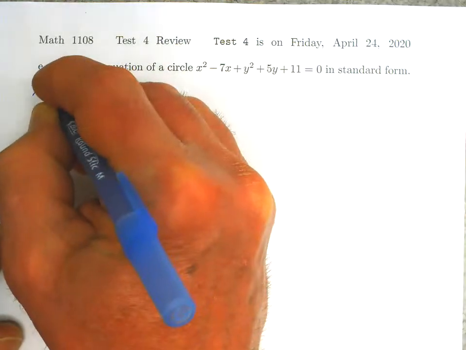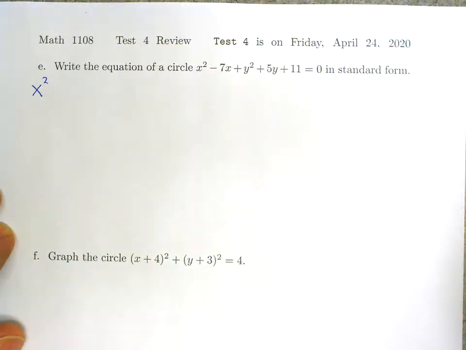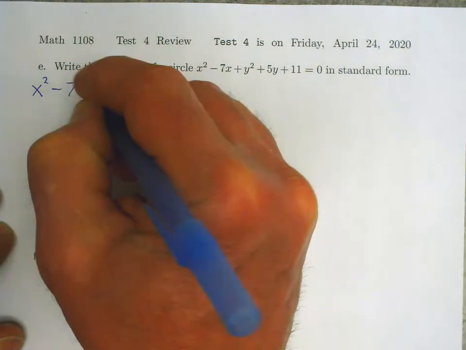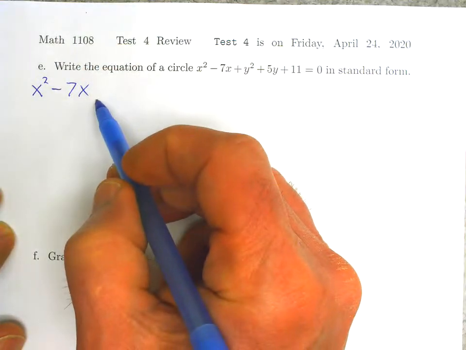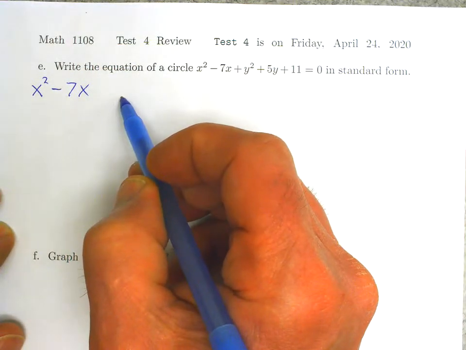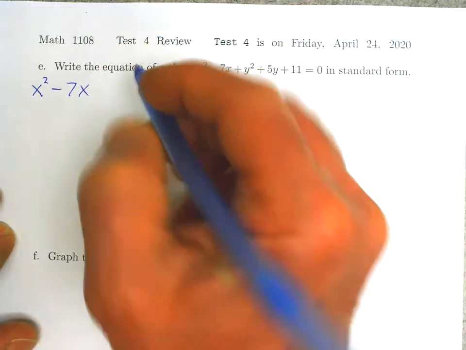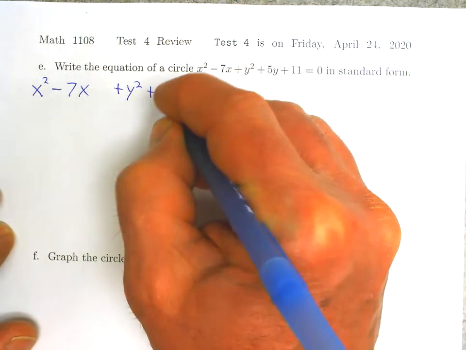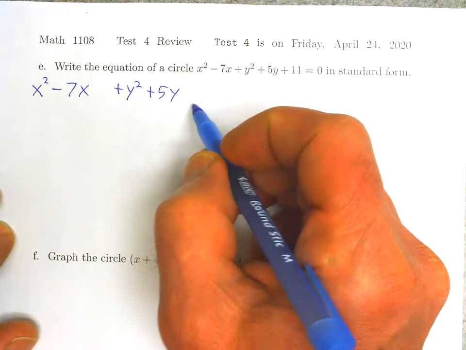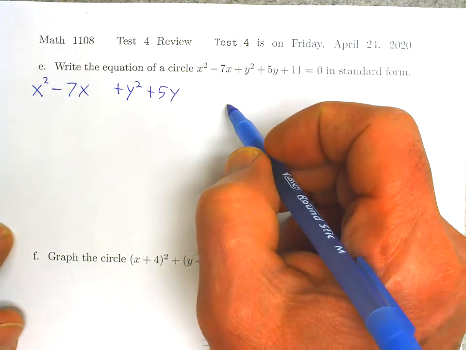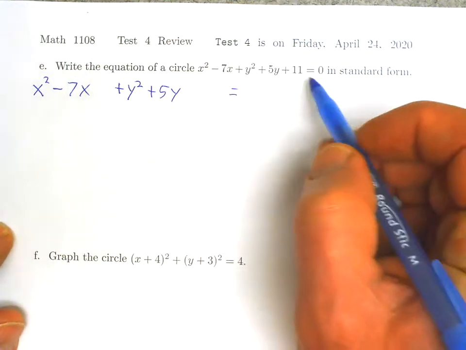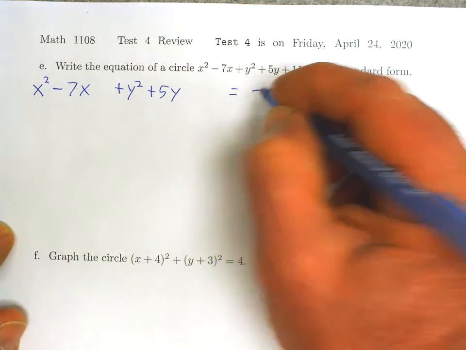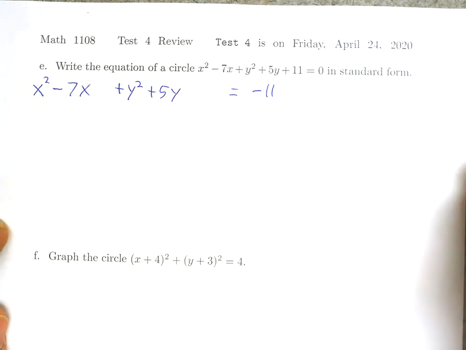In this case, we're going to have to complete the square twice. So we'll write x squared minus 7x. We're going to leave some space for the completing the square part before I write plus y squared plus 5y. Leave some space. And also, in this first step, we want to subtract 11 from both sides. So the right-hand side becomes -11.